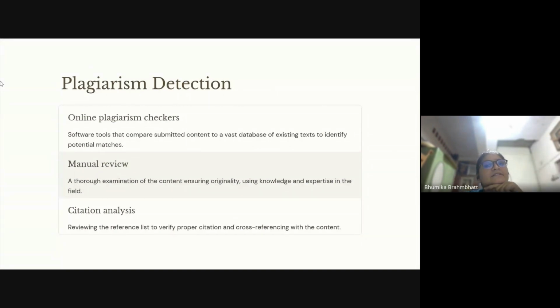Otherwise, they will directly give the percentage. You will get the percentage that 50% of your case analysis is using plagiarism. That means that 50% of your case analysis you have just copy pasted or someone else has written. You have not maintained that originality, right?